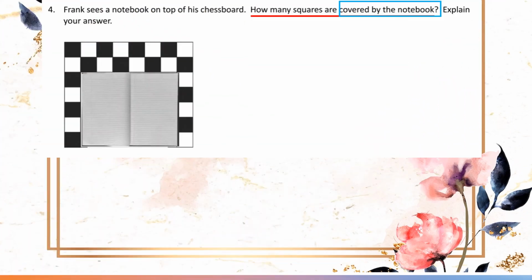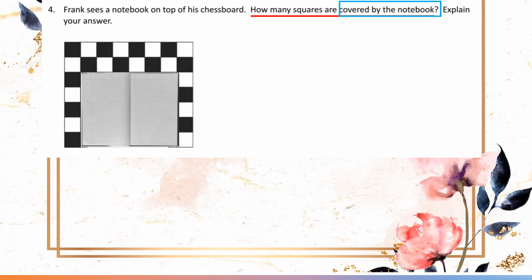Let's look at number 4. Number 4 says Frank sees a notebook on top of his chessboard. Why would a notebook be on top of a chessboard? Anywho, how many squares are covered by the notebook? Now, in the last question, they wanted to know about the whole floor, right? All of it.